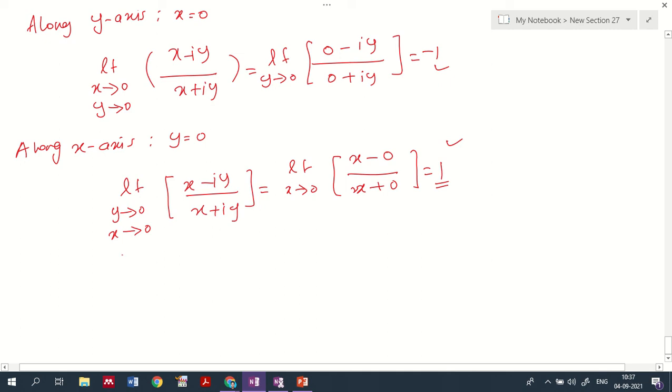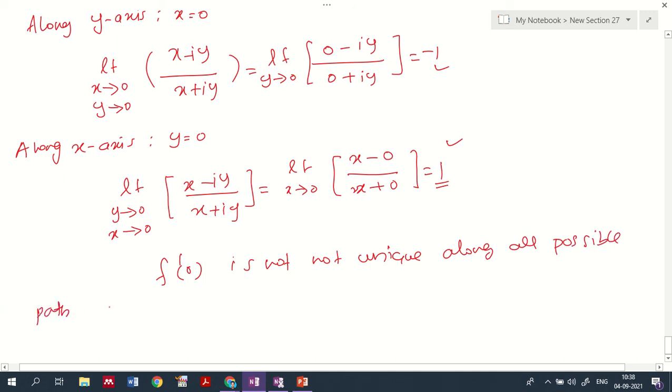So that means we can say that f dash of 0 is not unique along all possible paths when z tends to 0.